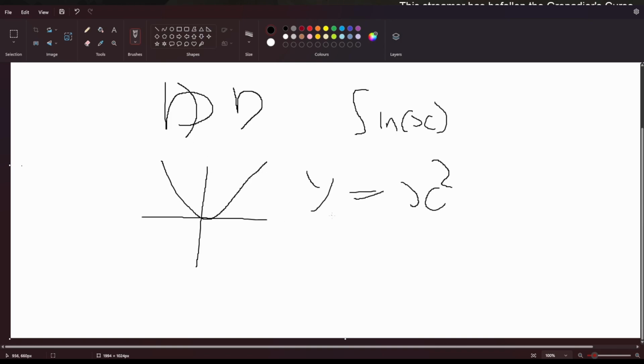Now, let's say you wanted to know the gradient of a line that passes through the point 2, 4, since 2 squared is 4, but didn't touch the rest of the line. That would be the tangent, which is a line that only touches one point on a curve or a circle, etc.